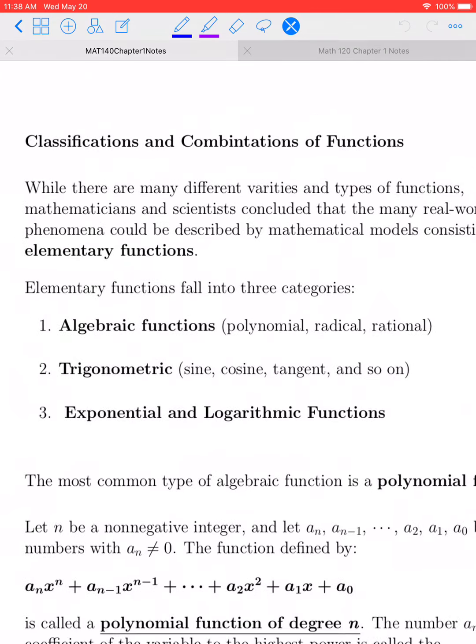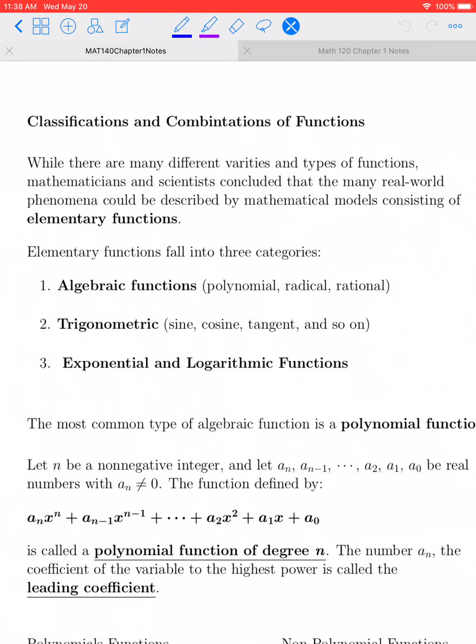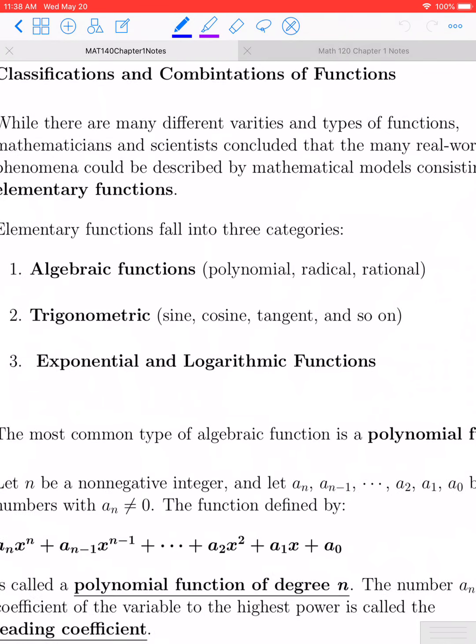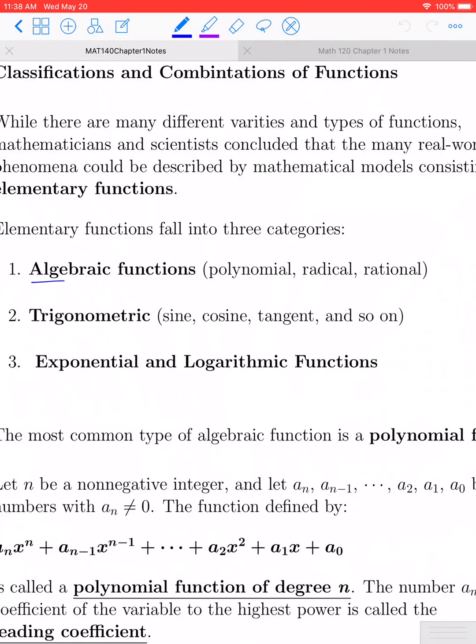The next thing that we're going to get into, and this is going to be especially important as we start to get into some calculus rules later in the class, is being able to recognize a function and knowing what class it belongs to. We begin our math careers by looking at some of the simplest types of functions, which are algebraic functions. An algebraic function is any function that's constructed by using the 5 basic operations in math.